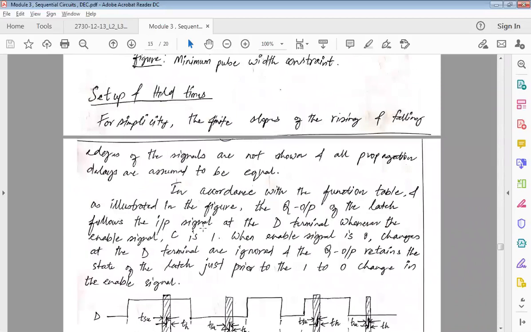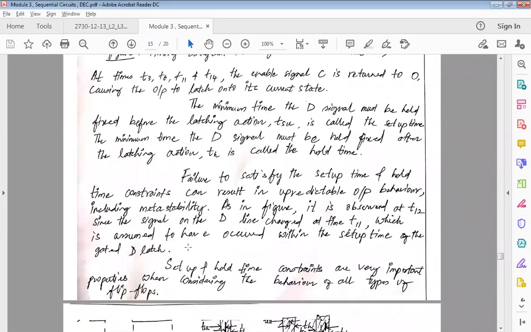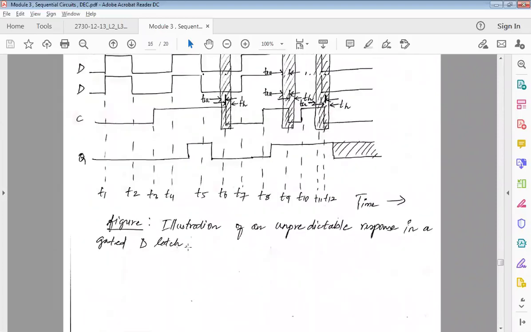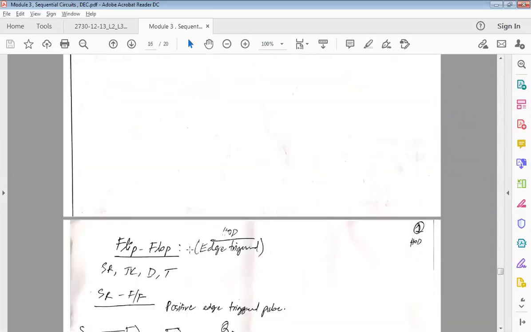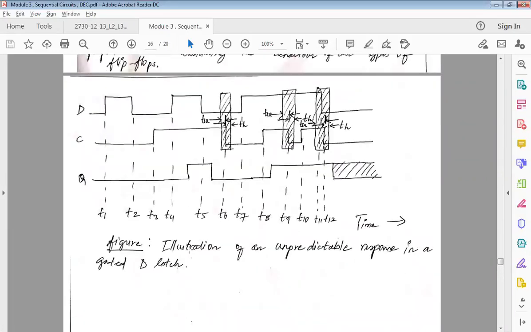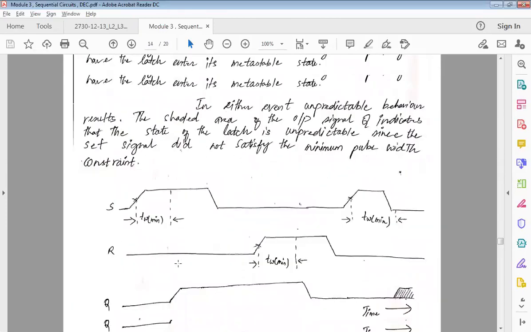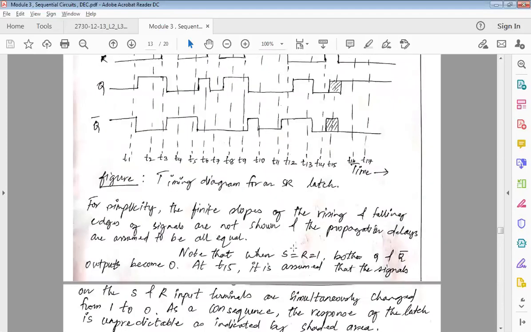These concepts are important and will be asked frequently from an exam point of view. Conceptually also, you will have to remember all of these points because it is very essential to know the timing concepts. So we will discuss these timing concepts in our next session.